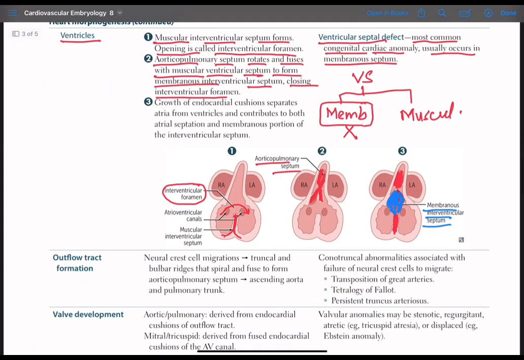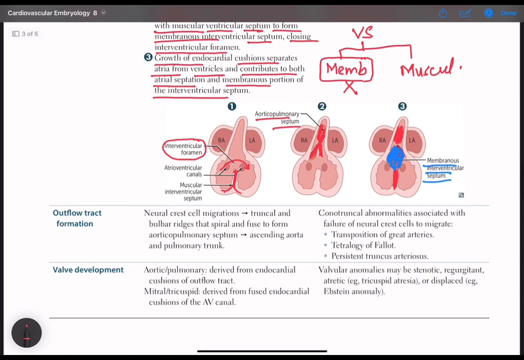So growth of endocardial cushions separates atria from ventricles and also contributes to atrial septation and the membranous portion of the interventricular septum. The neural crest cell migrations result in truncal and bulbar ridges that spiral and fuse to form the aorticopulmonary septum, which divides the truncus arteriosus into the ascending aorta and pulmonic trunk.